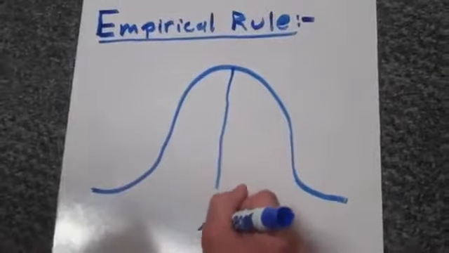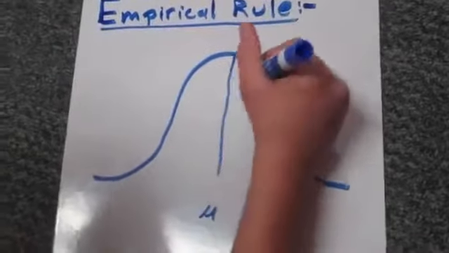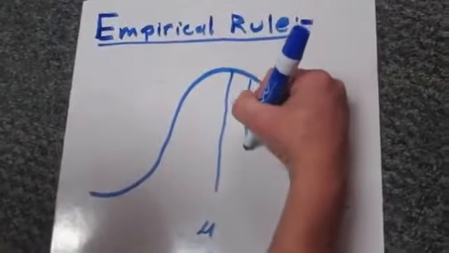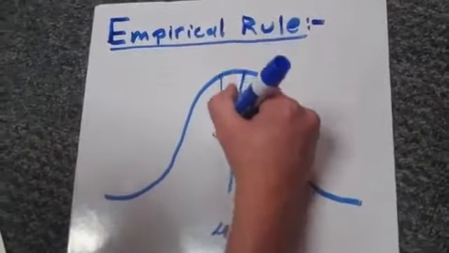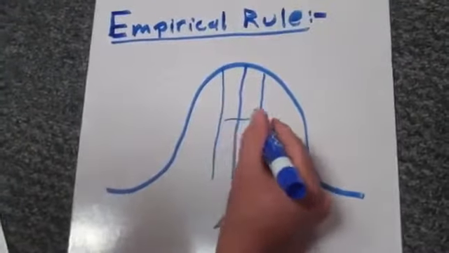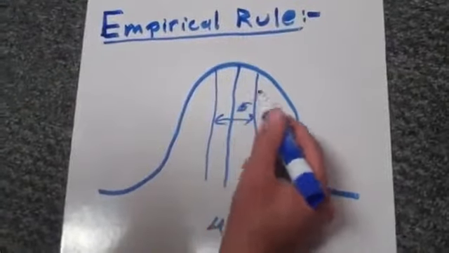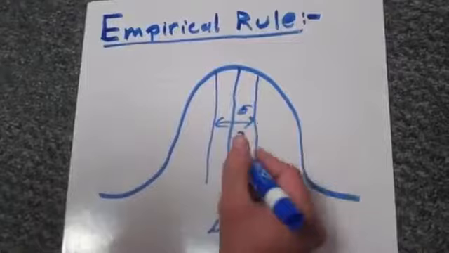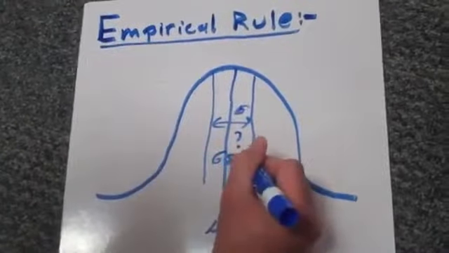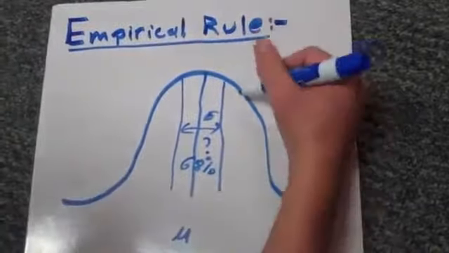With this being our mu. Now, here and here, we are 1 standard deviation away from the mean. And how much is that? That's 68% of our data. If you got that right, good job.